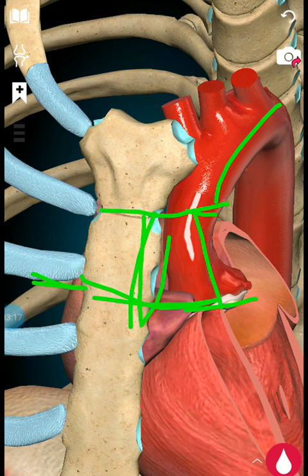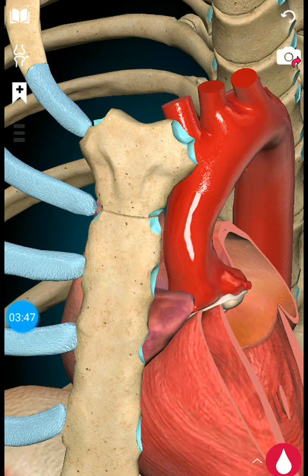Then afterwards, it runs upwards, then forwards, and to the right. As you see, if you observe its course, it runs up, then forward, but slightly to the right. Then it continues as the arch of the aorta at the level of the sternal angle. That is its course.